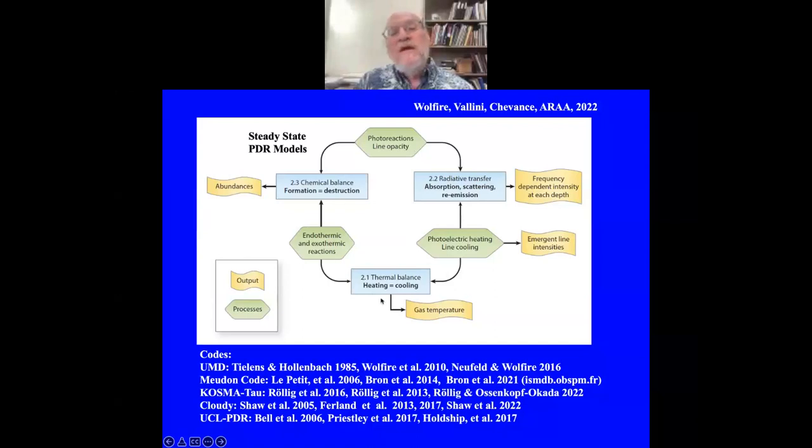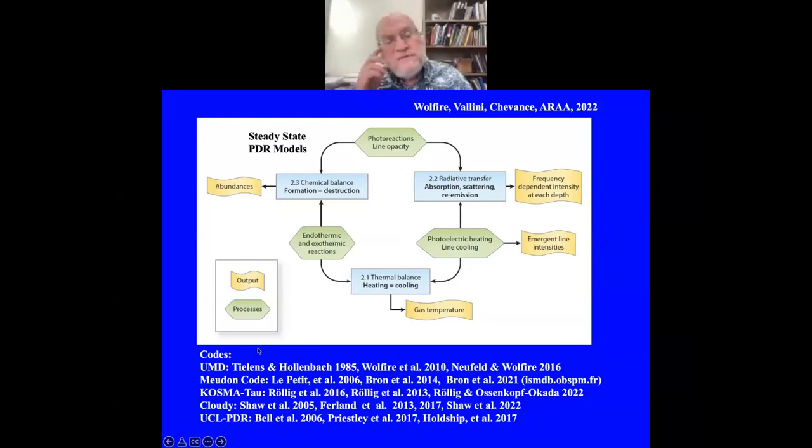So you have to iterate around for all of these processes until they're converged. And then once they're converged, you know the abundances, the gas temperature, the volume emissivities, and the local radiation field. And then you move on to the next step into the cloud, and you do this all over again. And so you keep stepping through, and by the time you get to the edge of the cloud, then you know the emergent line intensities.